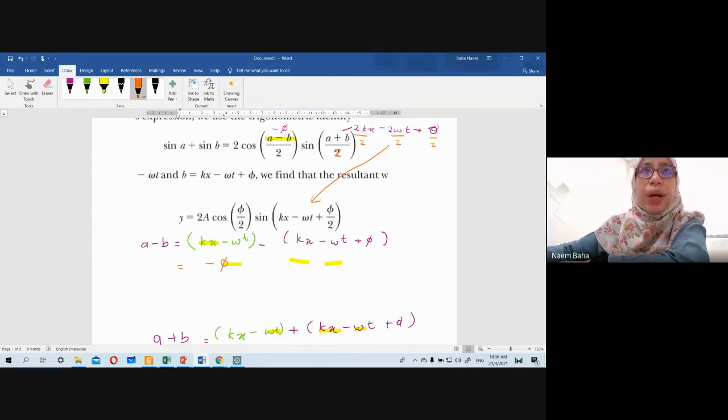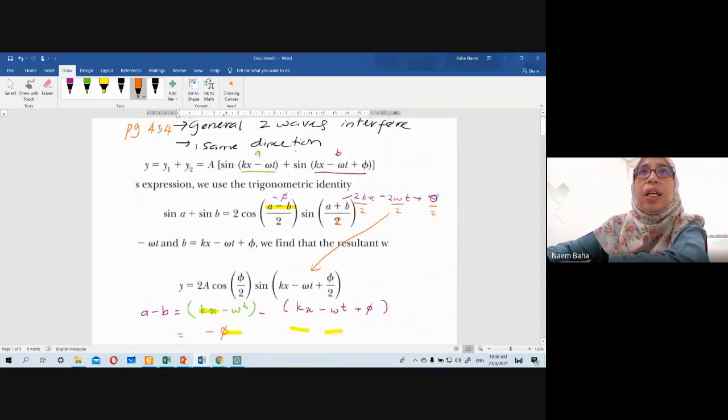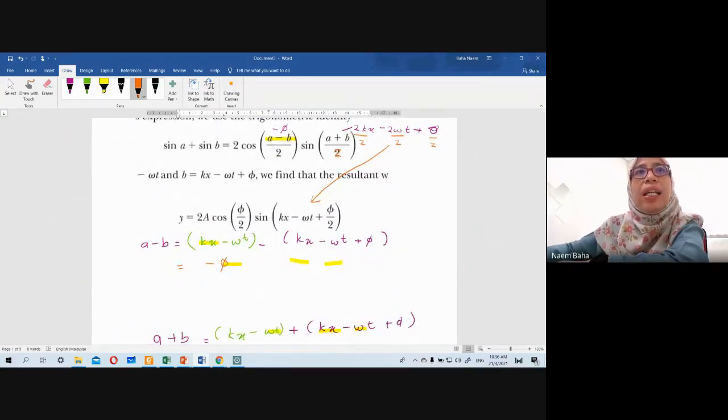Alright, regarding this one, there was another identity, where the identity says that if you have cos θ, then this cos θ is also equivalent to cos of negative θ. So that's the reason why the negative here disappears. It disappears because they are just the same.